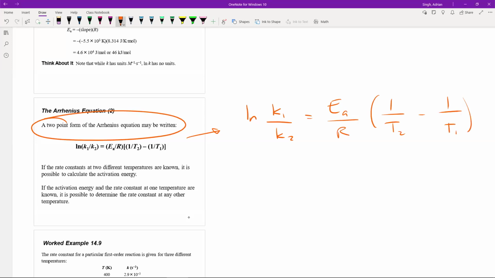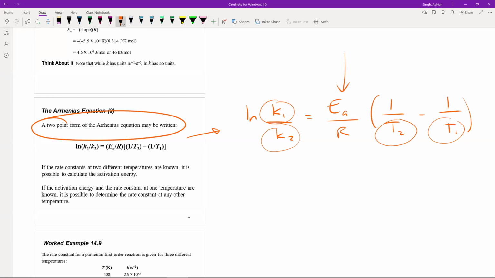So what this means is we really only need 2 data points to use this equation. And it allows us to do 2 things. If we know the rate constant at 2 different temperatures, right, then we can actually calculate the activation energy.